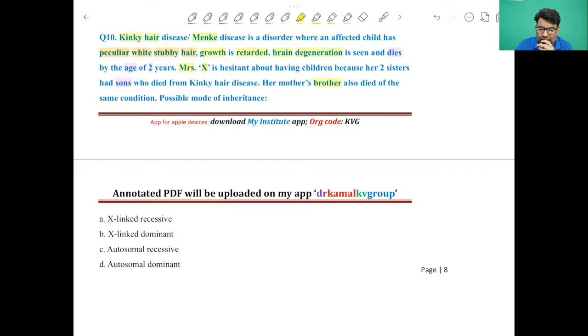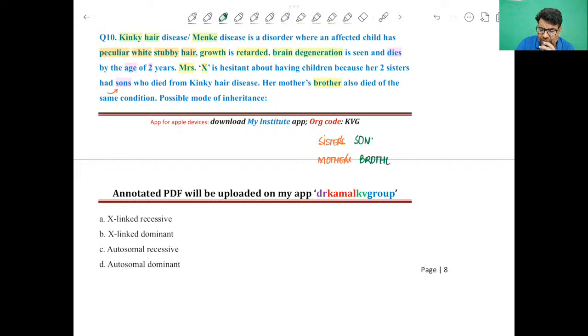Now notice one thing: there is death of sisters' sons, right? This is one thing. Then there is death of mother's brother.